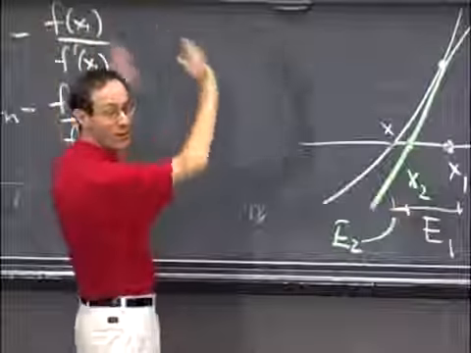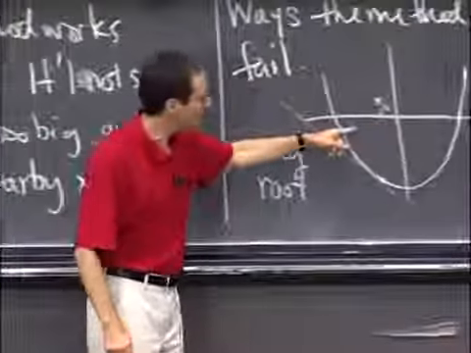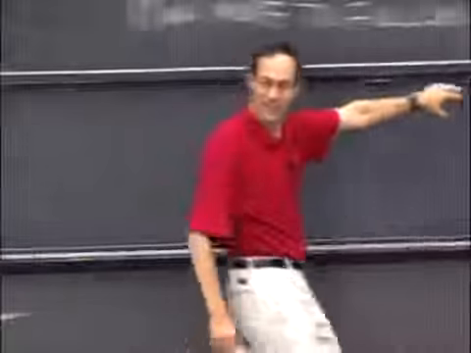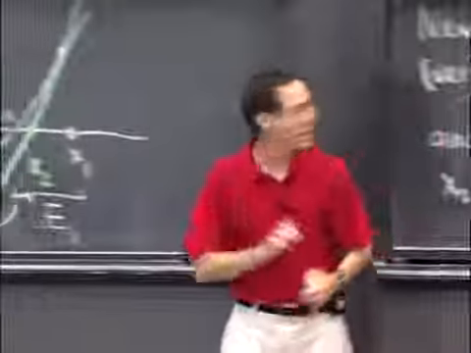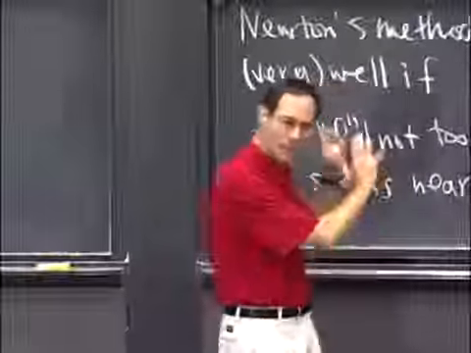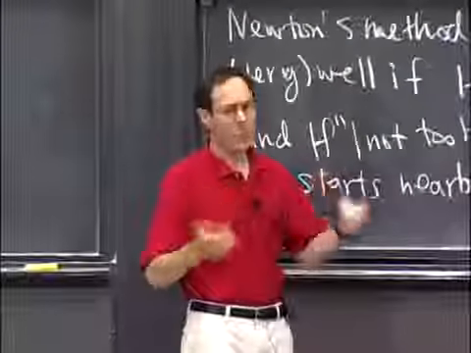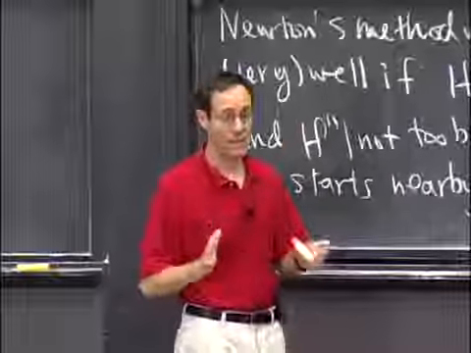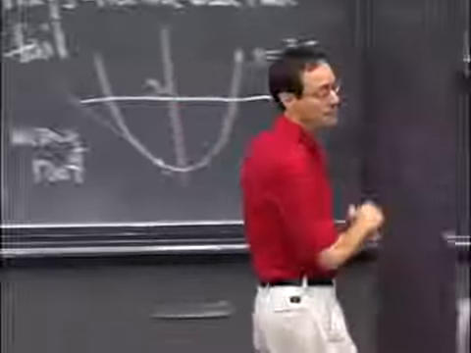It's way, way, way far away. So if you're foolish enough to start over here, you may have some trouble making progress. Actually, that little wiggle there just meant proportional to. In fact, in the particular case of a parabola, it manages to get back. It saves itself. But there's no guarantee of that sort of thing. You really do want to start reasonably close.